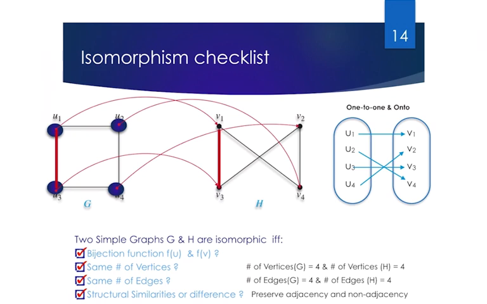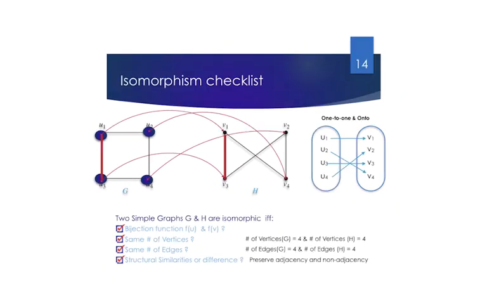Is there a structural similarity? The adjacent vertices in G are mapped to adjacent vertices in H. If you look at the diagram, u1 has been mapped to v1. Now v1 is adjacent to v4 and v3.